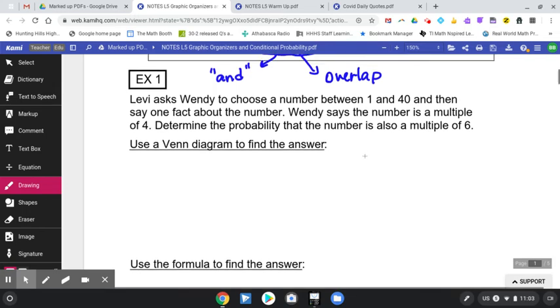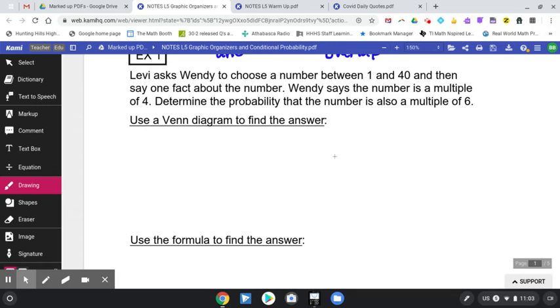So we're going to do this 2 ways. We're going to start out here by using a Venn diagram. And let's face it, if we can see everything that's going on in a diagram, it usually does make things easier. And then we're going to try also with the formula. So we're going to do this question in 2 different ways.